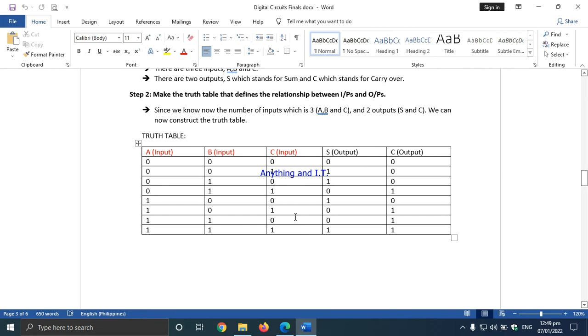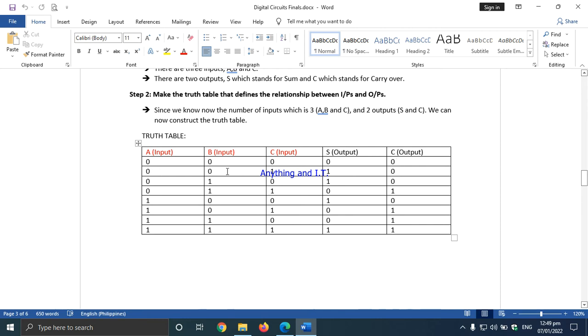Since this is a full adder, the operation we use is still the same. It's addition. So, proceed. 0 plus 0 plus 0 is 0. Same as before, we have no carryover. So, that will be 0.